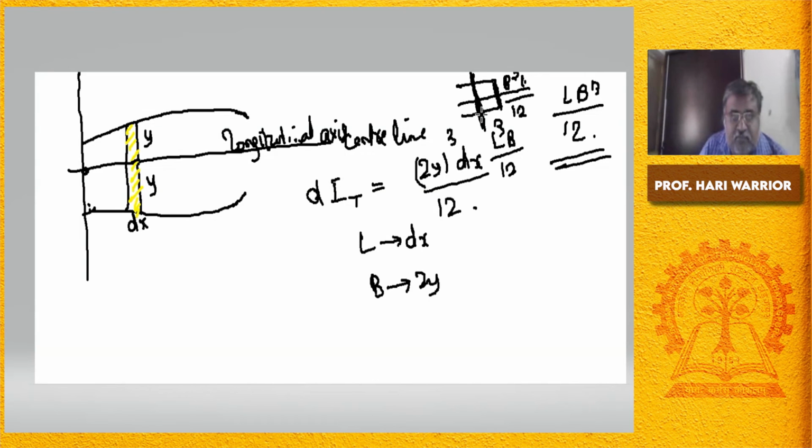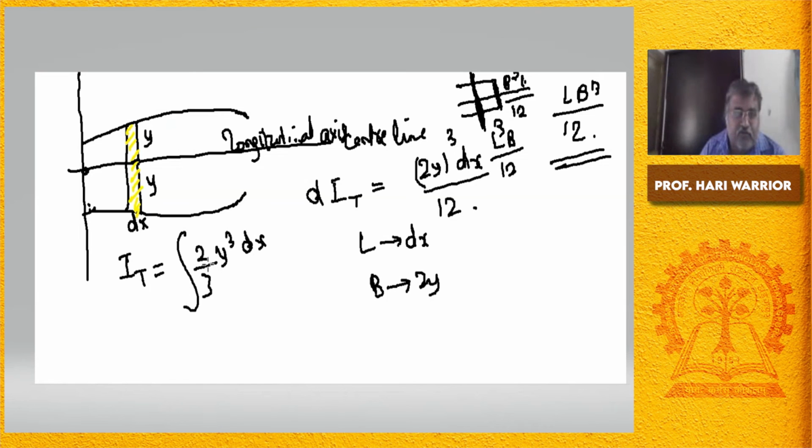But right now we are taking moments about a center line, about the longitudinal axis, and that gives you B cubed L by 12. So 2y cubed dx by 12, and IT, the integral, will become 2 by 3, that is 2 2s are 4, 4 2s are 8, 8 by 12, which is 2 by 3 again, into y cubed dx integral.